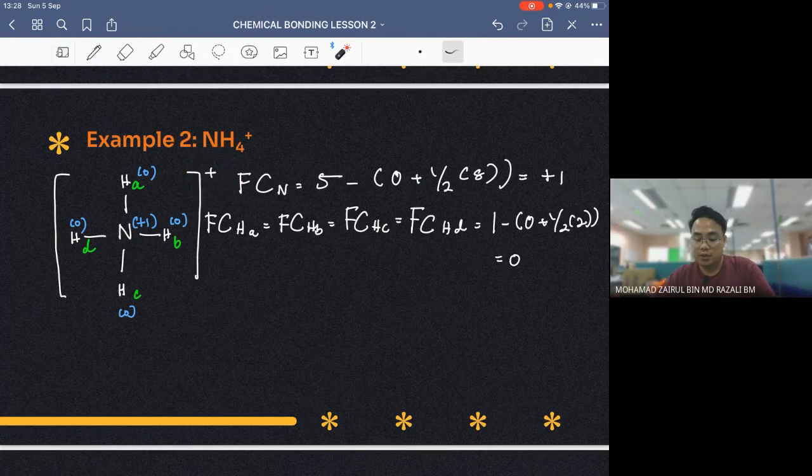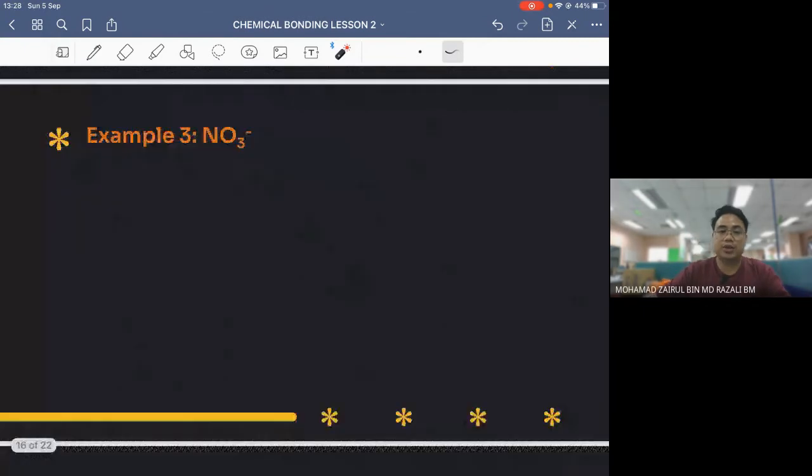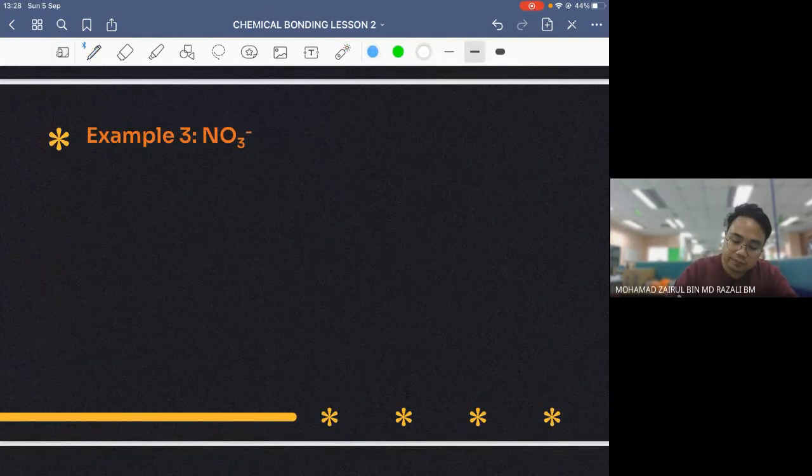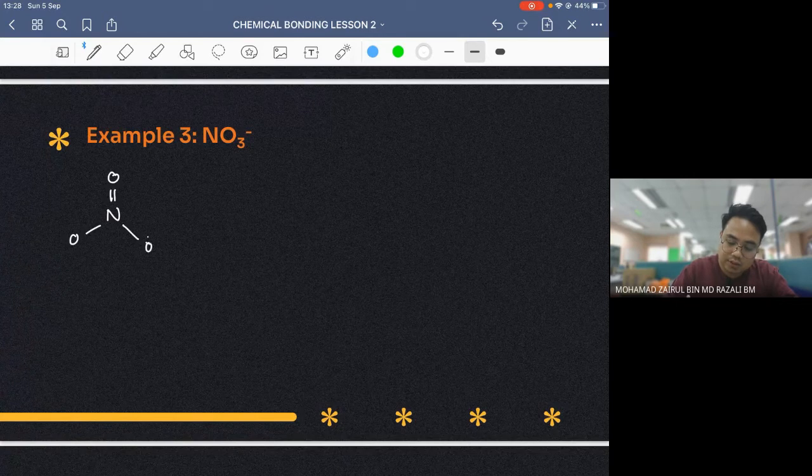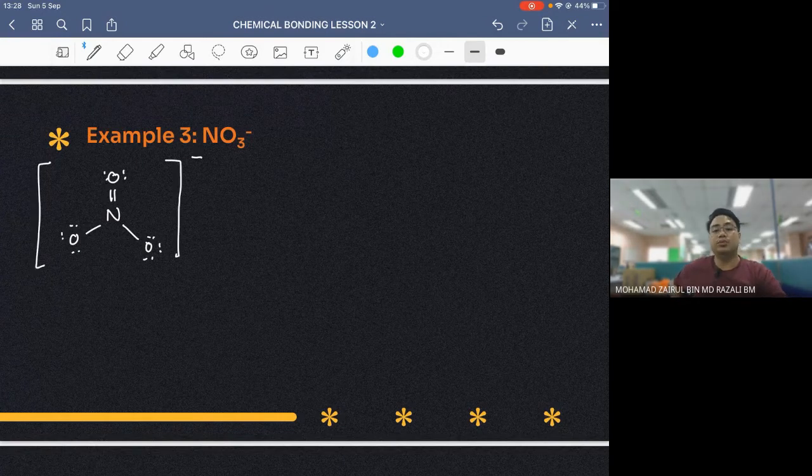Okay, so we try to calculate for NO3 minus. So draw the Lewis structure first. NO3 minus, yang ni kita dah draw tadi, so sebab tu saya boleh terus lukis. Remember the ion needs to be drawn in a square bracket, and then don't forget to write down the charge on the top right of the bracket. So we calculate the formal charge for nitrogen.